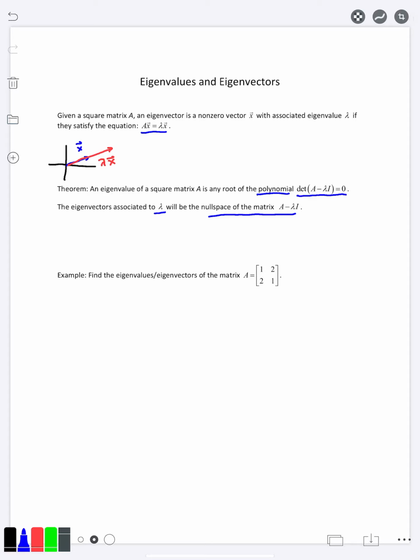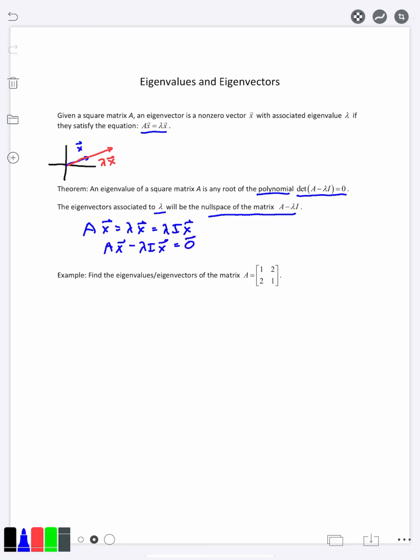And the reason why is, if you have Ax = λx, you can think of lambda times x as lambda times the identity times x, because multiplying by the identity doesn't change the result. That was something we had before. And if that's the case, then we can move things over: Ax minus λIx equals the 0 vector.